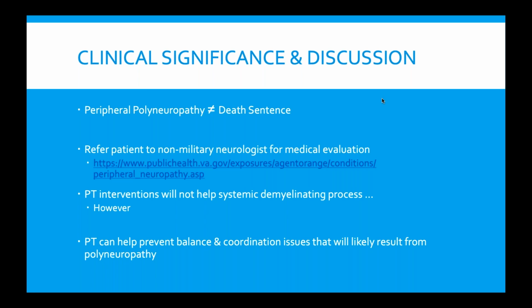It's definitely something that should be addressed, but it doesn't mean that the patient has a few minutes to live. There's only one type of neuropathic process that does unfortunately carry a terminal diagnosis with it, and that's ALS. But obviously this patient did not have the type of findings consistent with ALS.